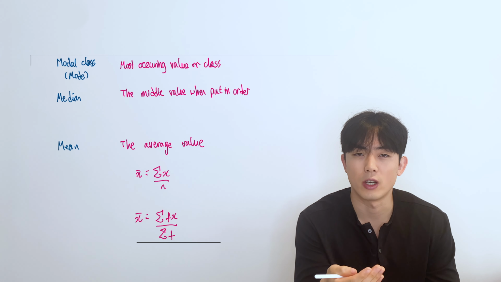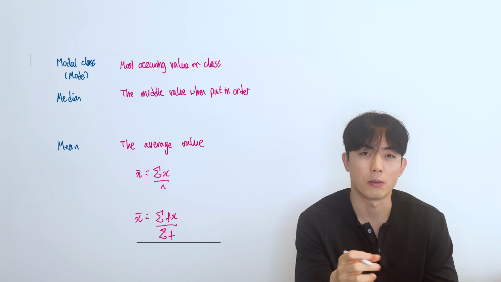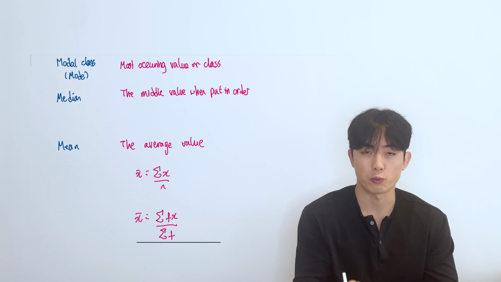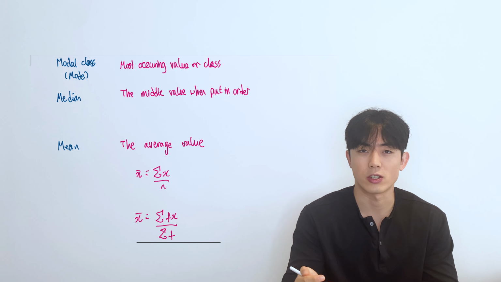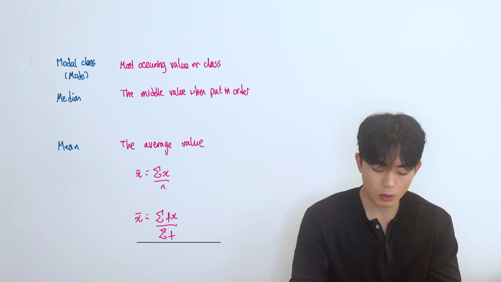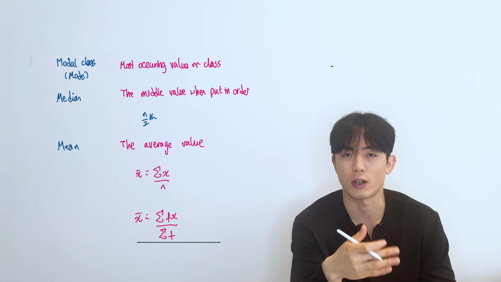You guys have probably known about this stuff before, but I'm just going to give a quick brief overview of each one. So the mode, or modal class, they might call it, is just the most occurring value. The median is the value when we put them in ascending order and find the middle value. What we have to do is first find n over 2, n being the total number of data values, and that would be the term we're trying to find.